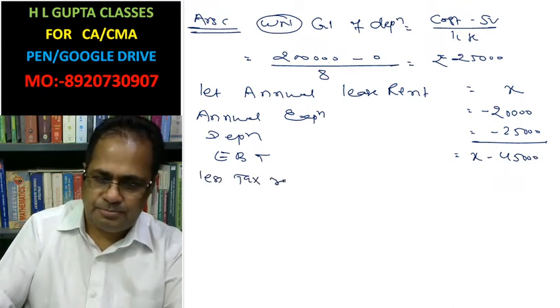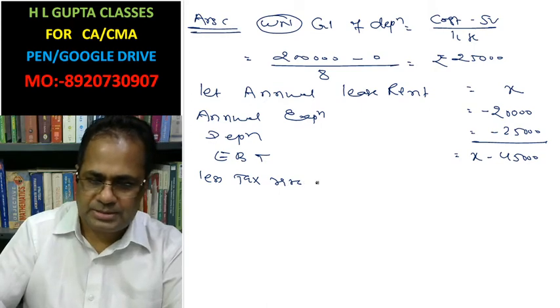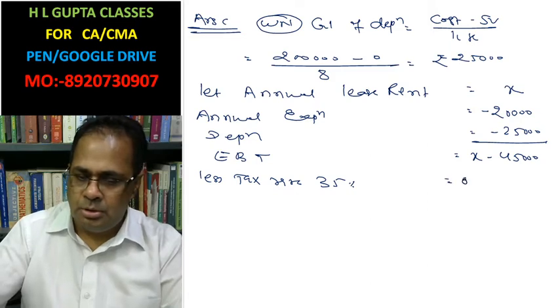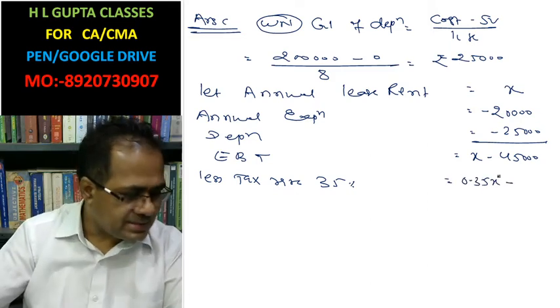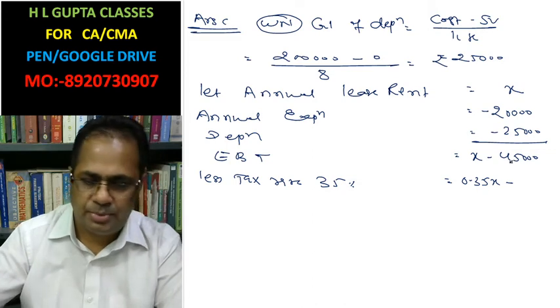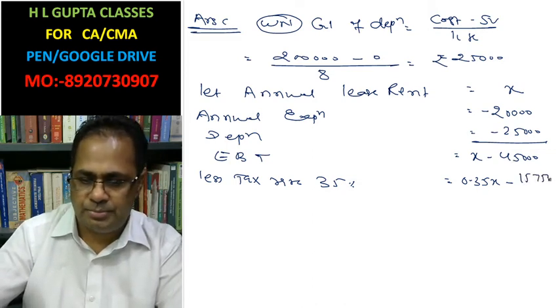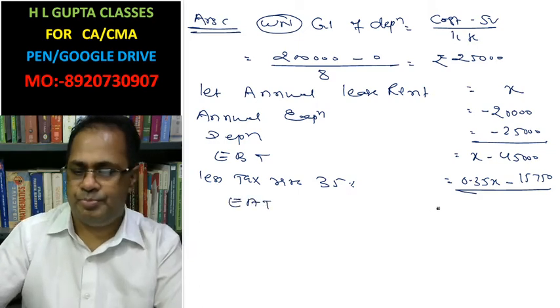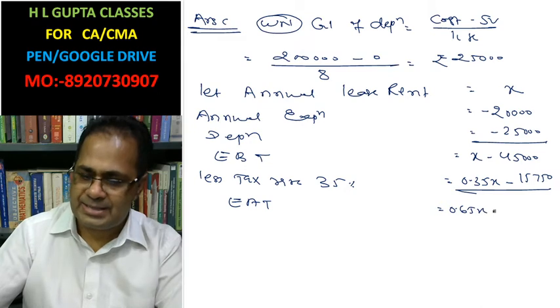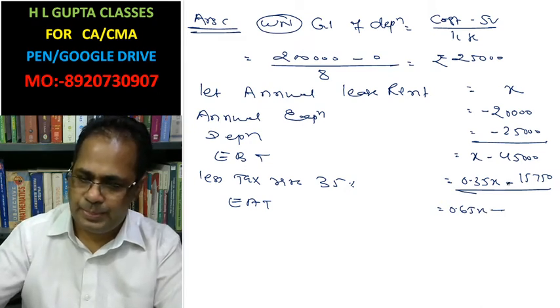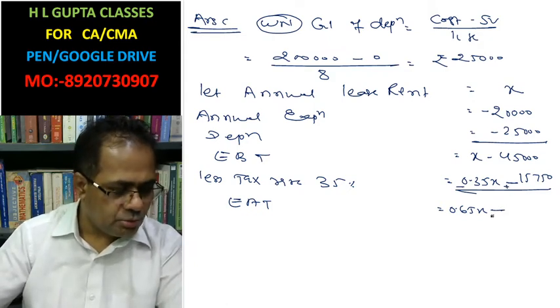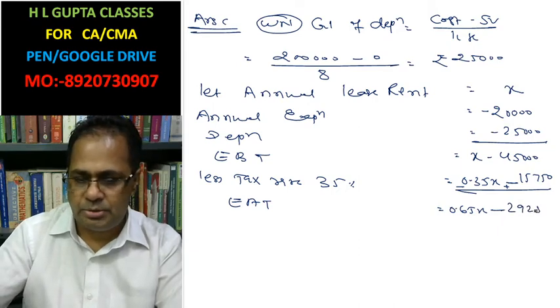Less tax at 35%: 0.35x minus 15,750. Earning after tax is 0.65x, minus, if you do, then this becomes plus 29,250.